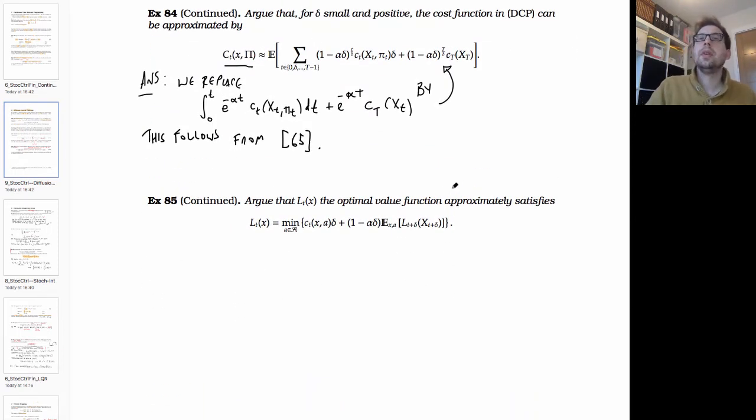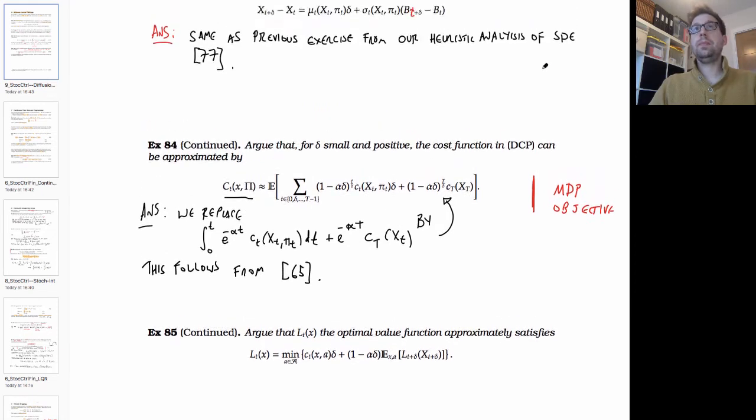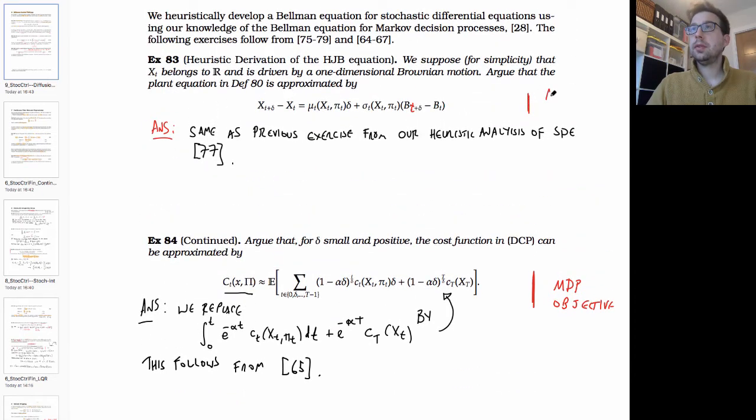Okay, so now argue that L_t(x_t), the optimal value function, approximately satisfies the following expression. Here we've got an optimal objective for an MDP, and here we've got a plant equation for an MDP.